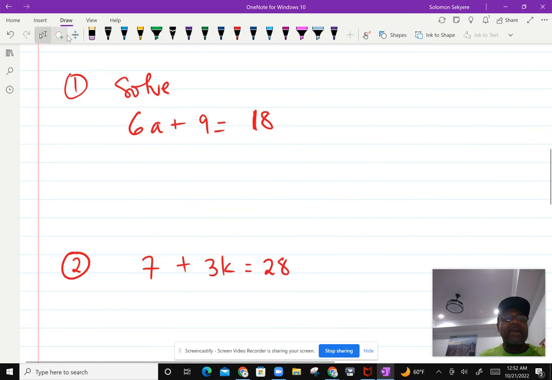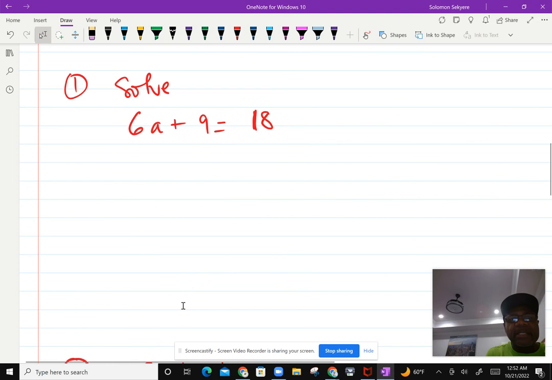All right, now that's just the introduction. So now let's solve some problems here. I have 6a plus 9 equals 18. So always, what have I told you? Identify and underline your variable term. After that, just move the other one, the integer, away by reversing the sign before it.